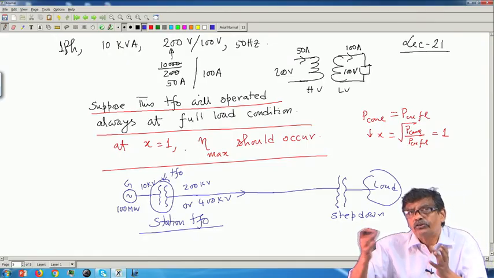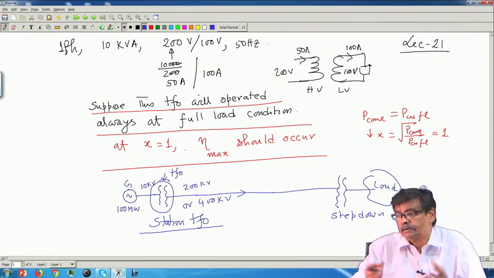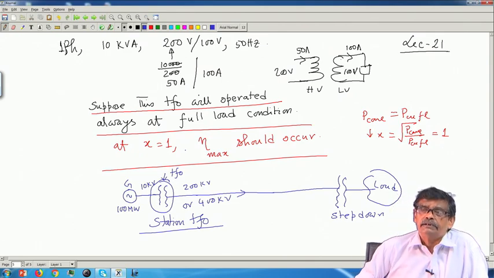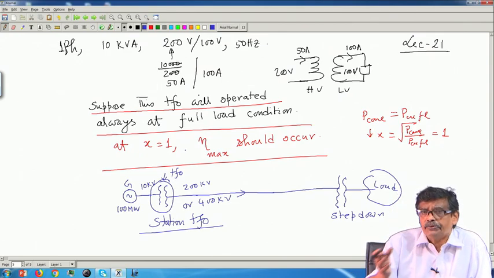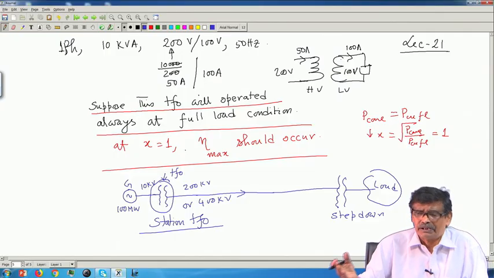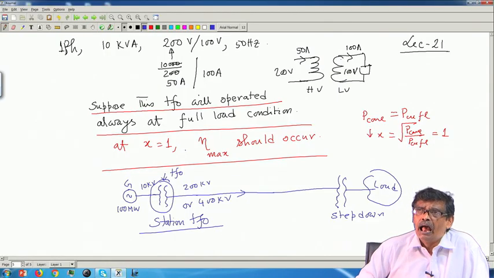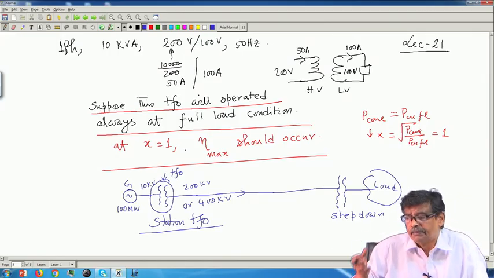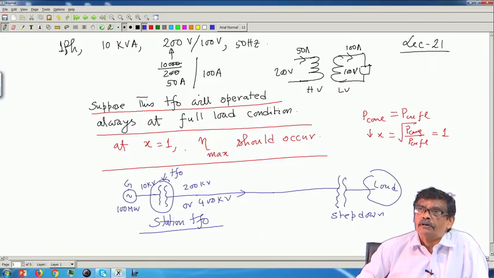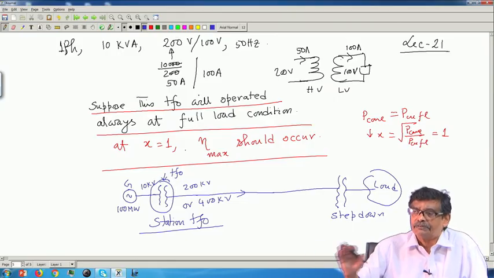But also see, in some industry, a transformer is used to step down or step up a voltage to a particular level, and here in shift duty things will work, and a particular transformer will always be operating at full load condition, whatever the load on the secondary of the transformer is.